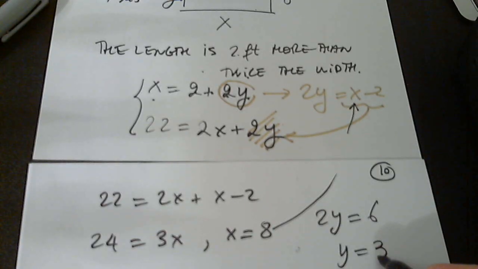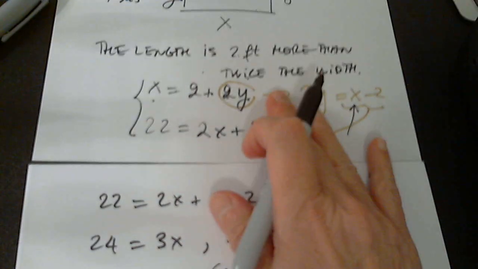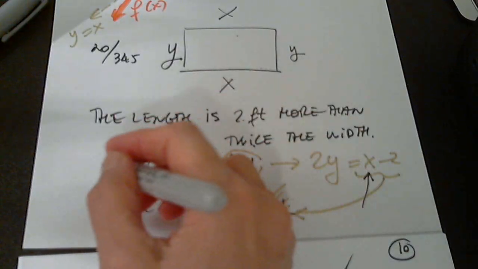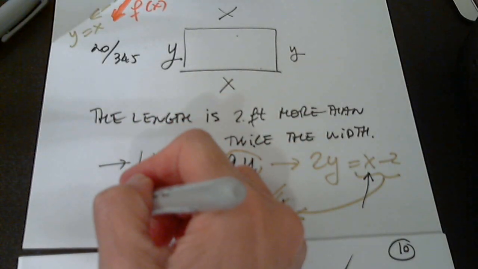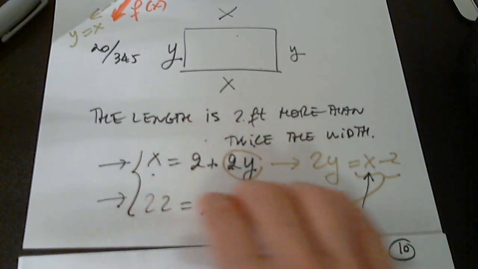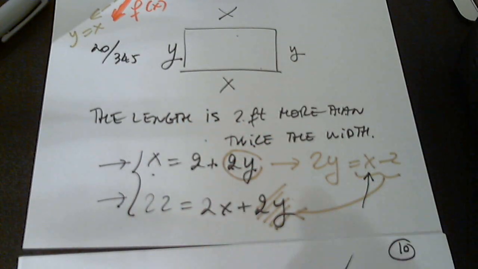3. Indeed. So the ordered pair we just determined is x comma y, 8 comma 3. I don't believe this before I check, and I have to check both equations. If this point does not make these equations true, then this is wrong.